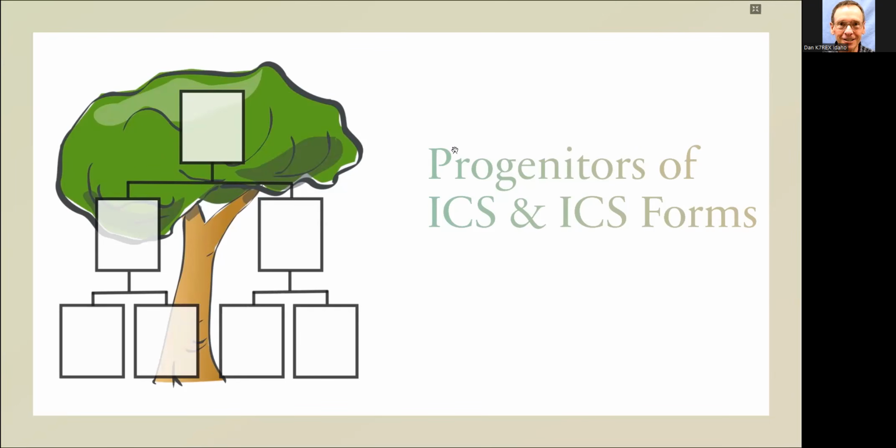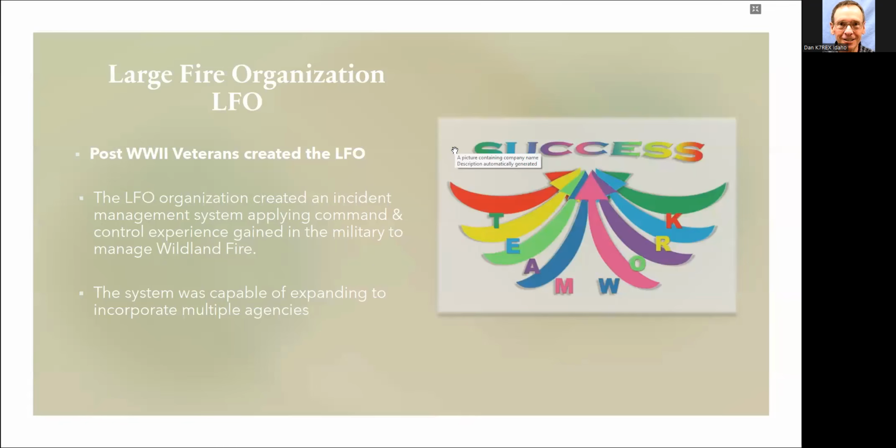So what were the progenitors of ICS and ICS forms? The first was called the Large Fire Organization, or LFO. In post-World War II, veterans created the LFO.